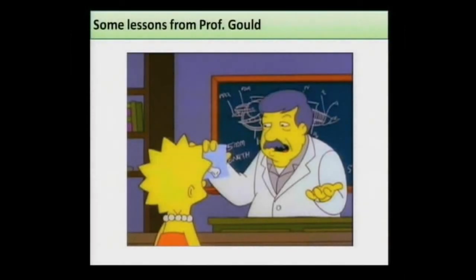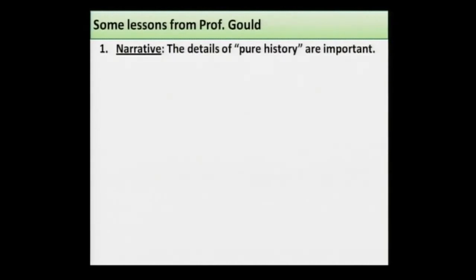So, in thinking about how to organize this, I thought it might make sense to come up with a short list of lessons that I have taken from reading material produced by Professor Gould. One of them that's pretty interesting and important and has already come up today is this notion of narrative.